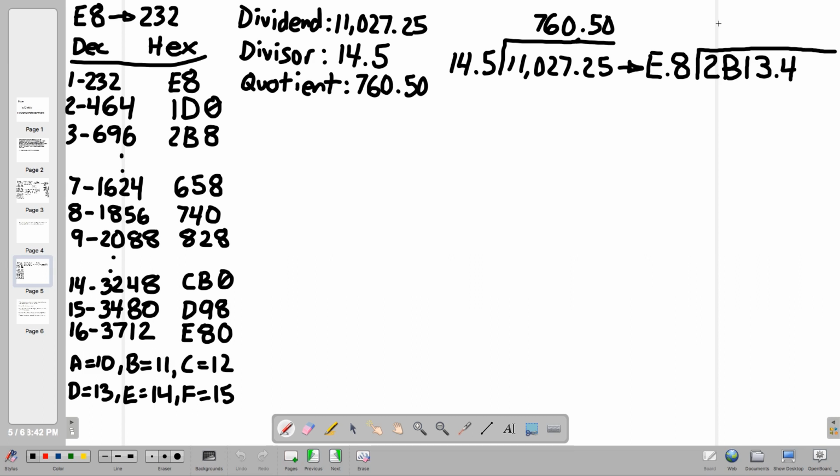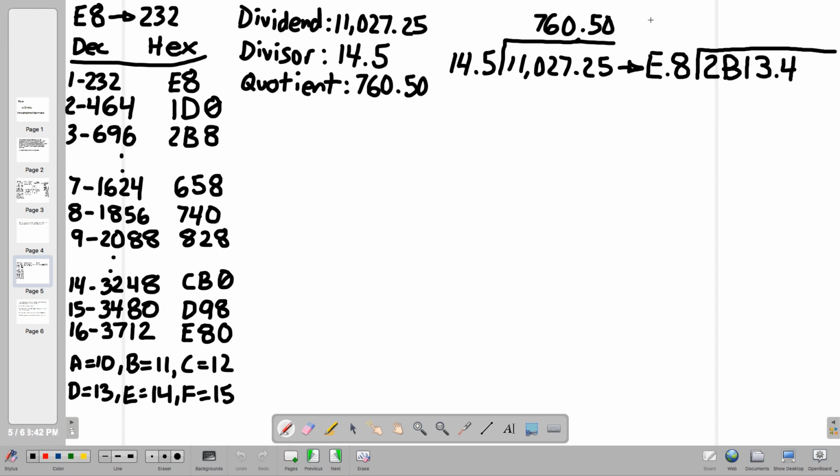Our divisor is 14.5, and our quotient is 760.50. We showed it towards our right like we would normally see it in grade school. So 14.5 goes into the value 11,027.25, and our expected quotient would be 760.50.